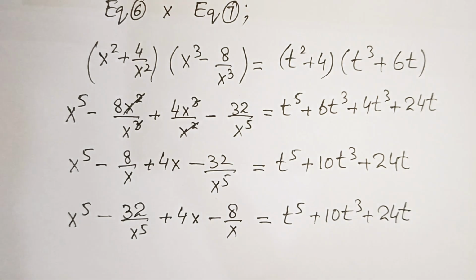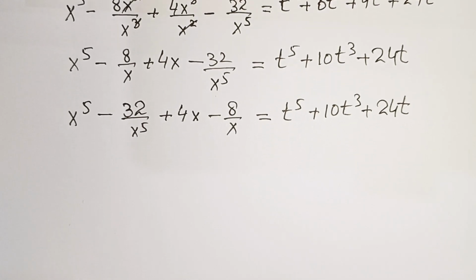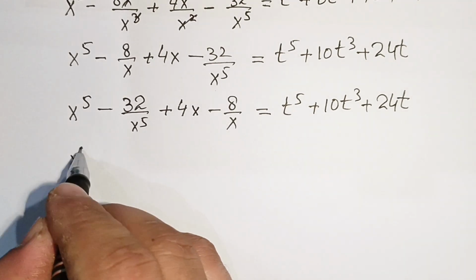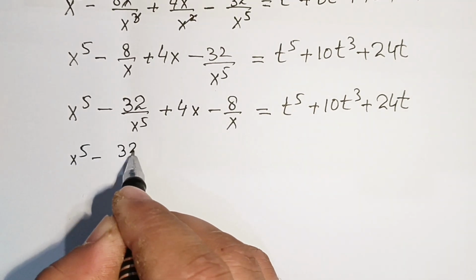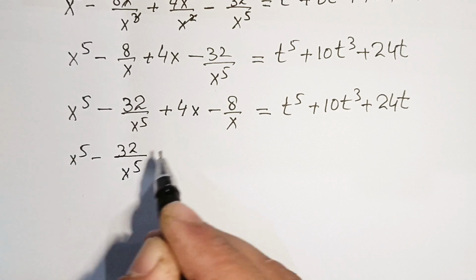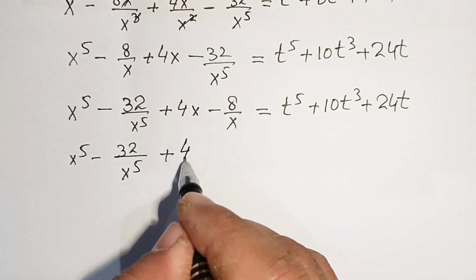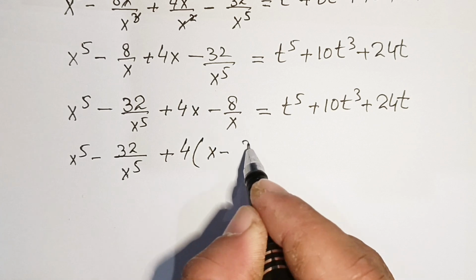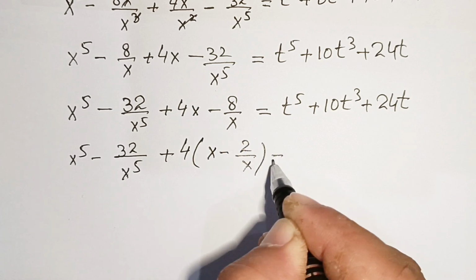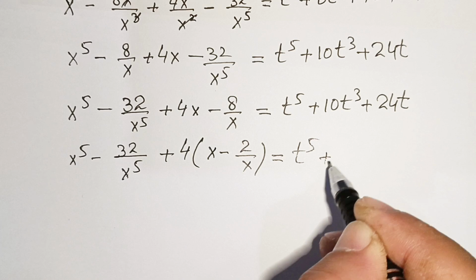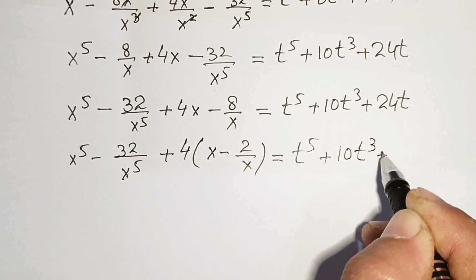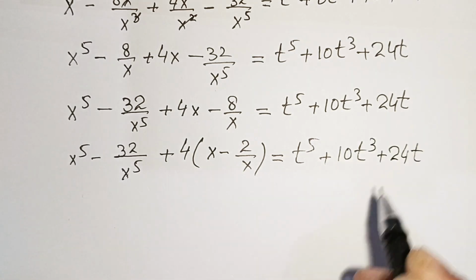So now here x to the power 5 minus 32 divided by x to the power 5, and if we take 4 common, we get plus 4 times x minus 2 over x, equal to t to the power 5 plus 10t cubed plus 24t.